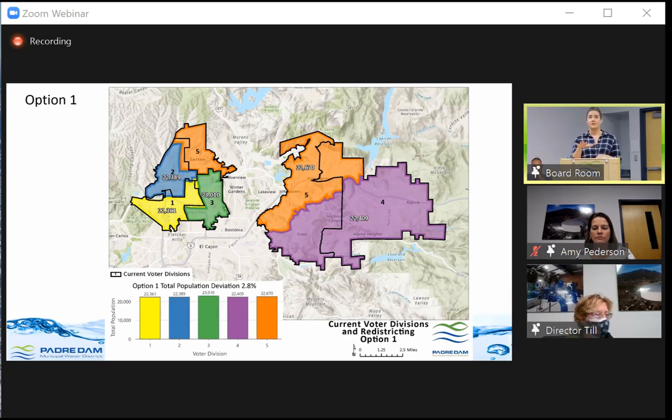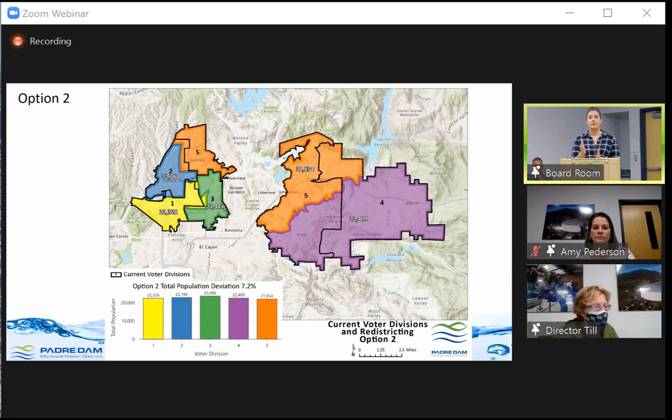What we can see also on this map are black outlines which represent our current voter division boundaries. I want to point out that the overall district boundary has not changed. So including the El Monte area in our Eastern service area, our district extents have stayed the same. So this is option one.